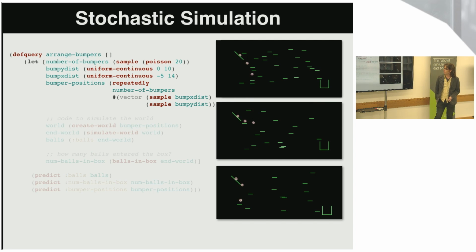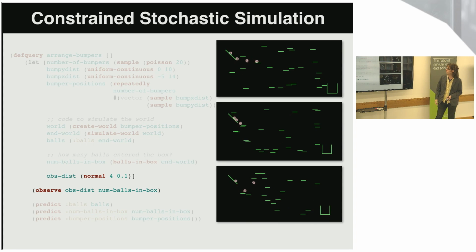You can say, well, I could add sample statements that construct possible worlds. And so when you run this, we say there's a random number of bumpers, there are random locations for where they show up, and we simulate. They bounce around, and they go places, and they fall down. If you want to turn this into a statistics problem, you say, I'm going to observe that of those 20 balls I just dropped in, approximately 4 of them ended up landing in the box.